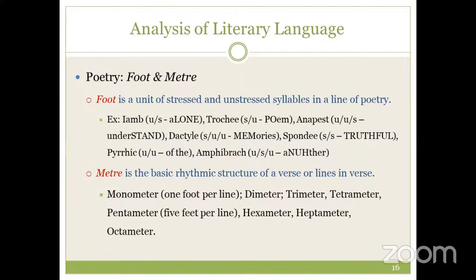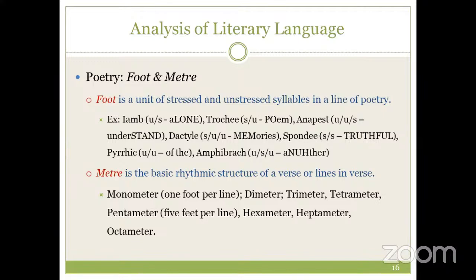So in a typical English poetry, most of the time, what you have is iambic pentameter, which means this combination of unstressed syllable followed by stressed occurring 5 different times.